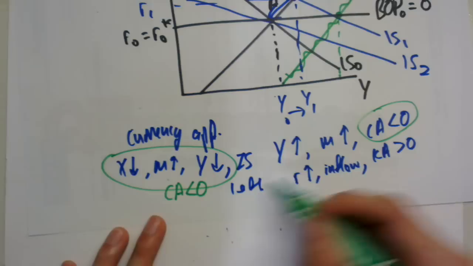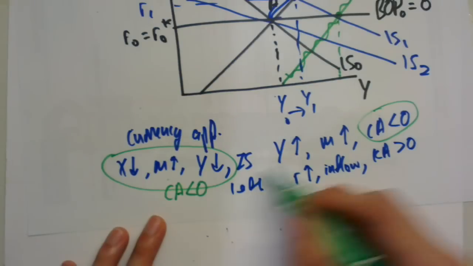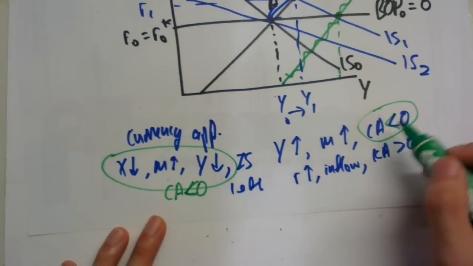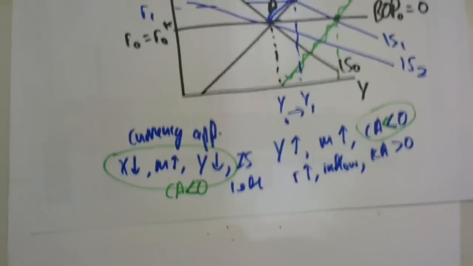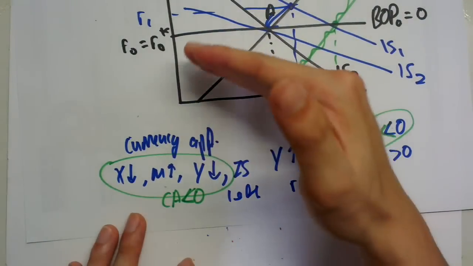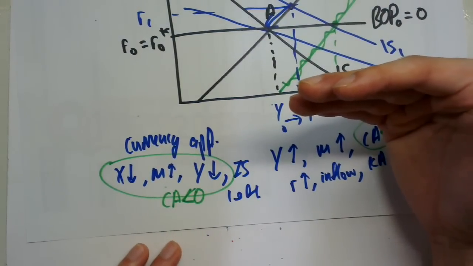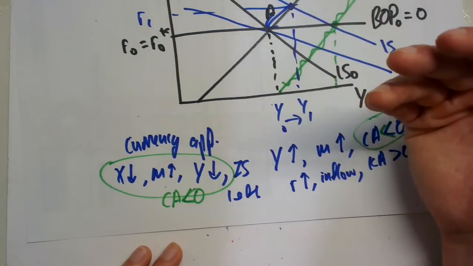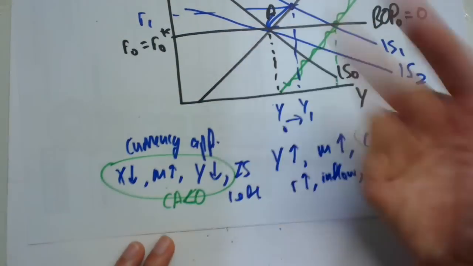So it's not going to cancel out, it's still going to be less than 0. So basically, this moves instantaneously. There is no short run or long run. While currency is flowing in, the currency is already appreciating. So these two things happen at the same time. It's basically in the blink of an eye.